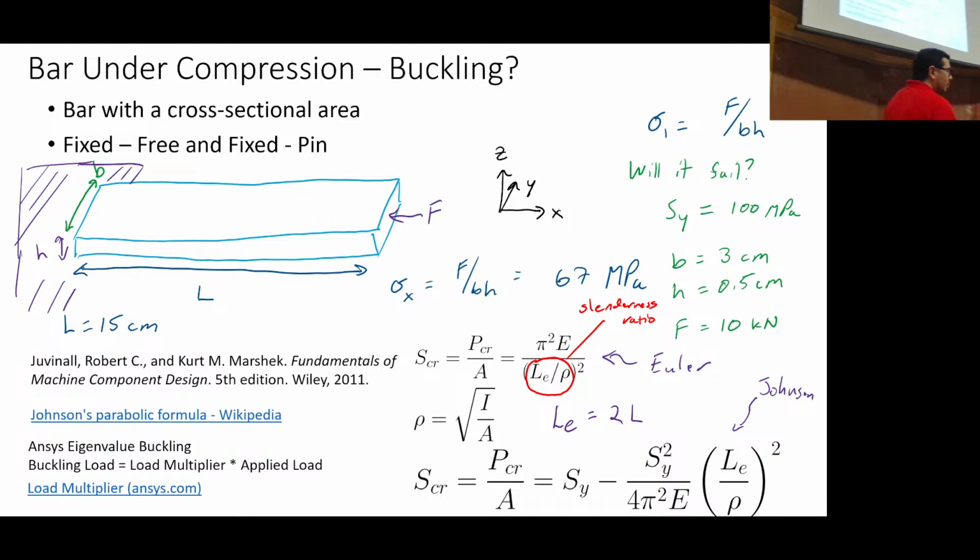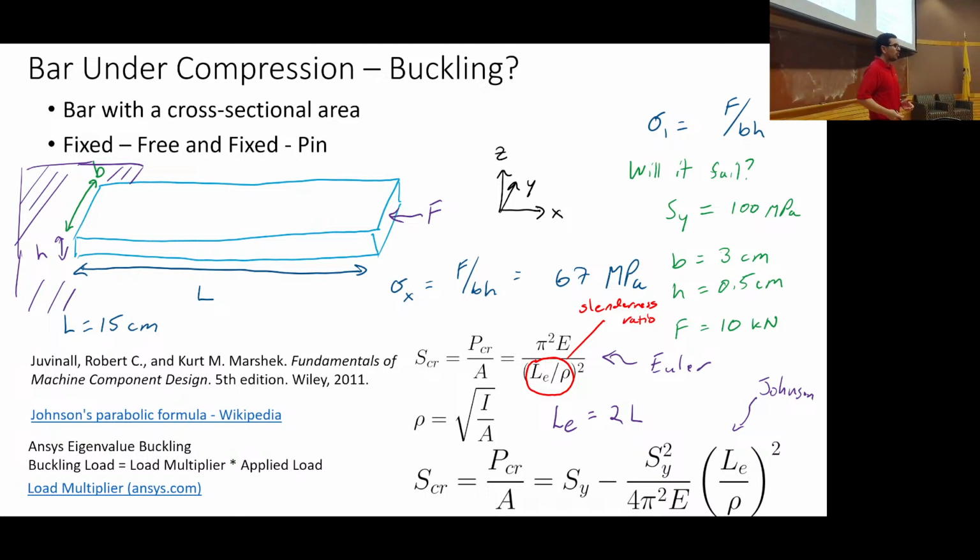The name speaks to what it represents. If you keep the cross-section area the same and increase the length of the object, that would be increasing the slenderness ratio.